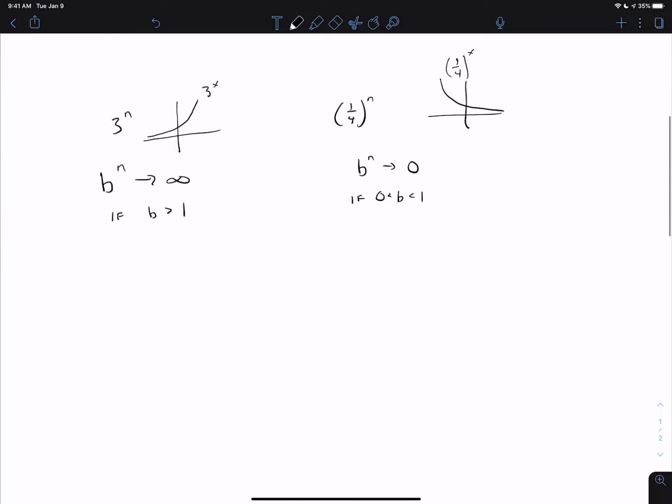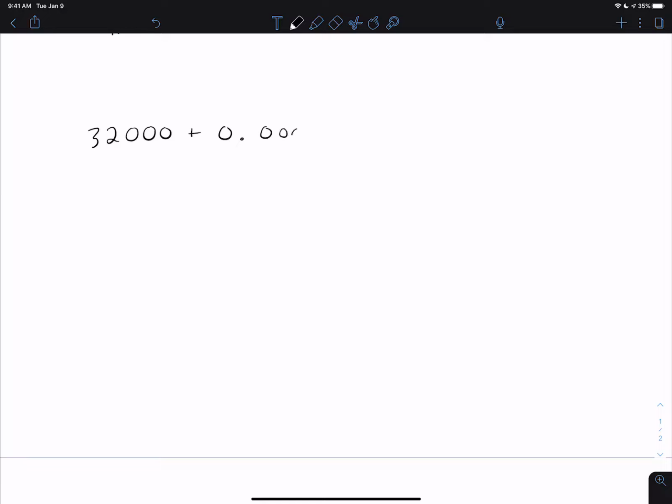So we're going to look at a bunch of different problems where we try to find the limits of a sequence. But the first thing I want to look at is this calculation. So let's say you have 32,000 plus 0.00029 minus 0.000000002.